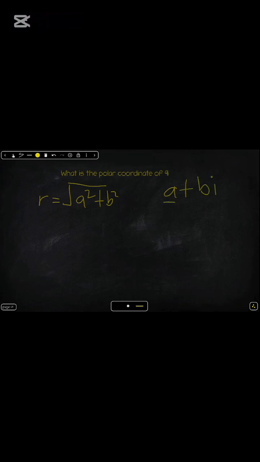This is the a and this is the b. So you find the square root of a squared plus b squared. For this vector, it is 9i, so you can write it as 0 plus 9i. So our a becomes 0, so it becomes root of 0 squared plus 9 squared, which is root of 9 squared, so r is equal to 9.